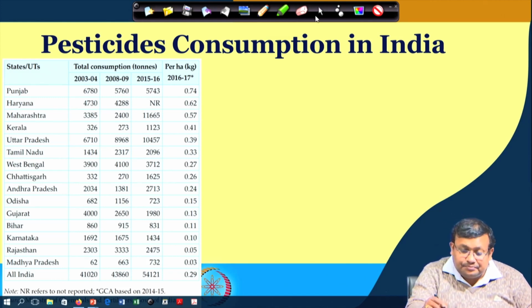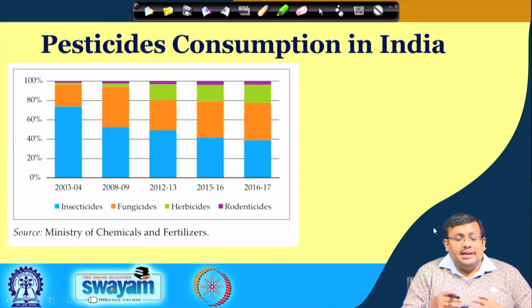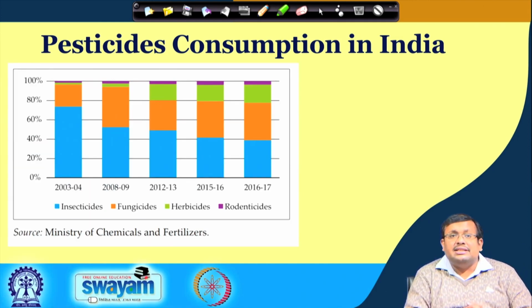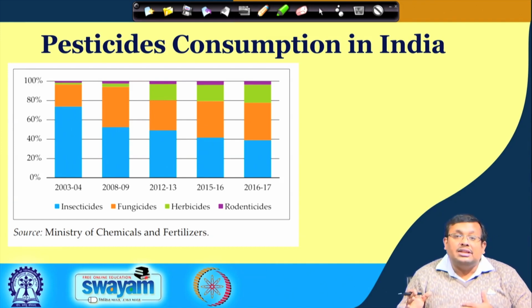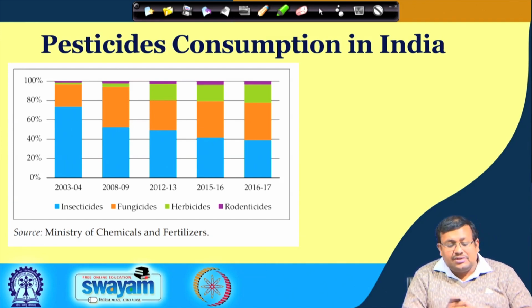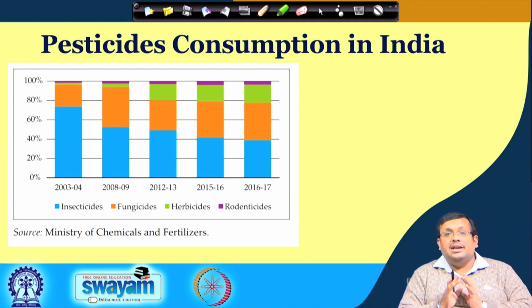This gives an indication of how different states are using huge amounts of pesticide in the agricultural sector. Another trend is how the share of different classes of pesticides has changed across time. From 2003-2004 to 2016-17, one trend is very apparent.